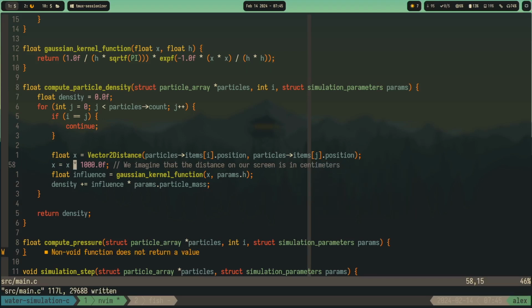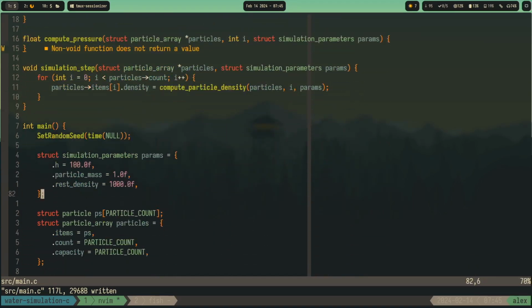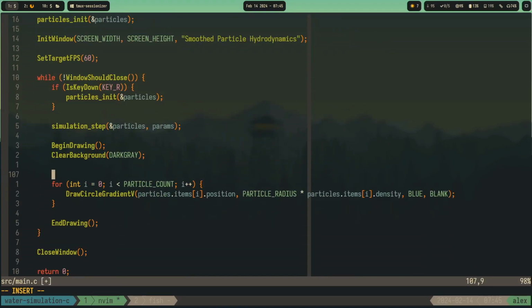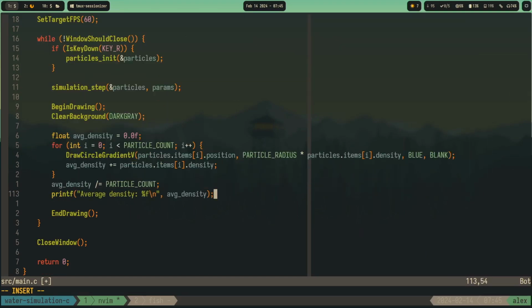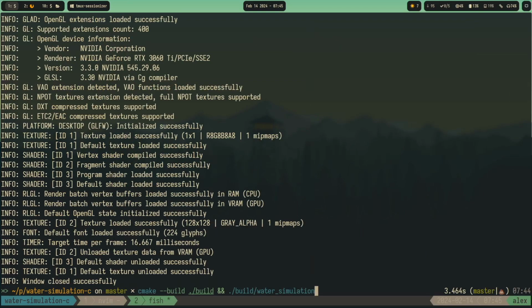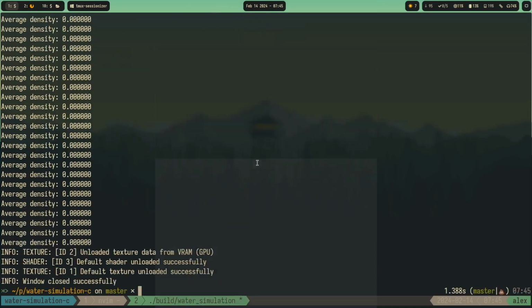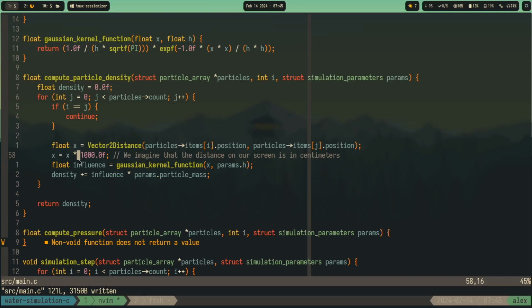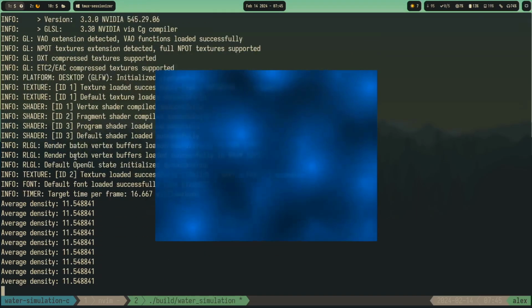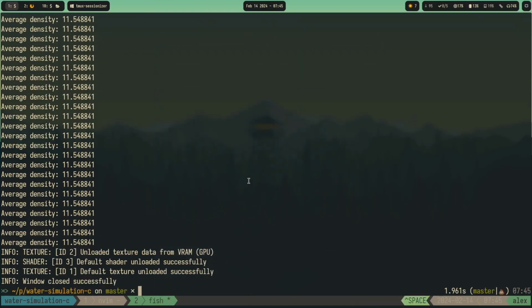So we have to multiply by 1000. Oh my god, I deleted the average, so float average. Okay, and let's see again the density. So if we multiply by 1000, oh my god, we have to divide. I'm sorry about that. Ooh, that's perfect.